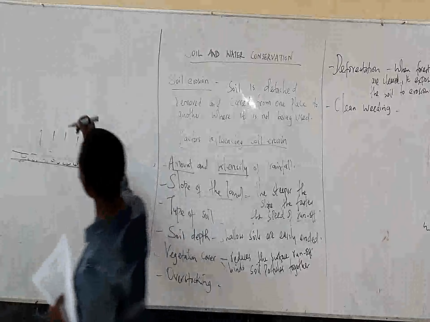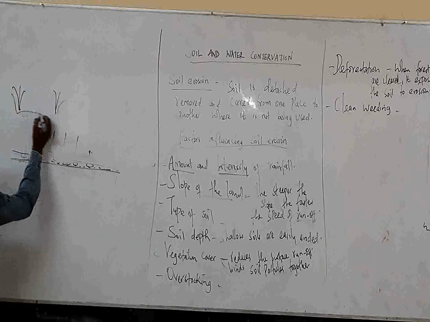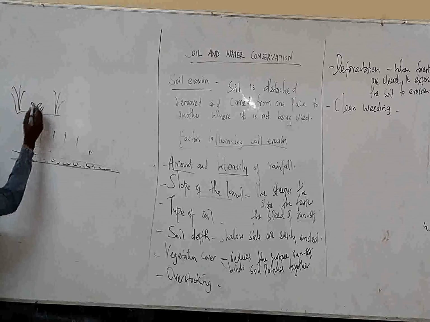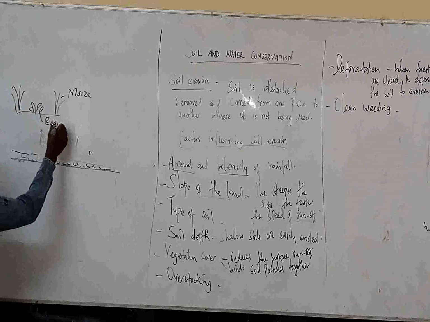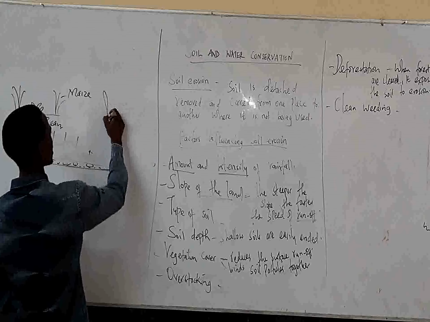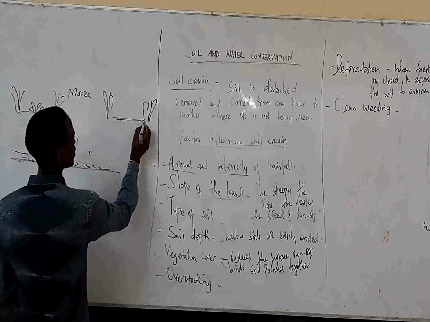For example, you can have a plantation of maize, and some farmers practice intercropping. Maybe you have maize and then beans in between the rows. But where a farmer is practicing green weeding, we only have the maize, and in between we don't have anything in the row.